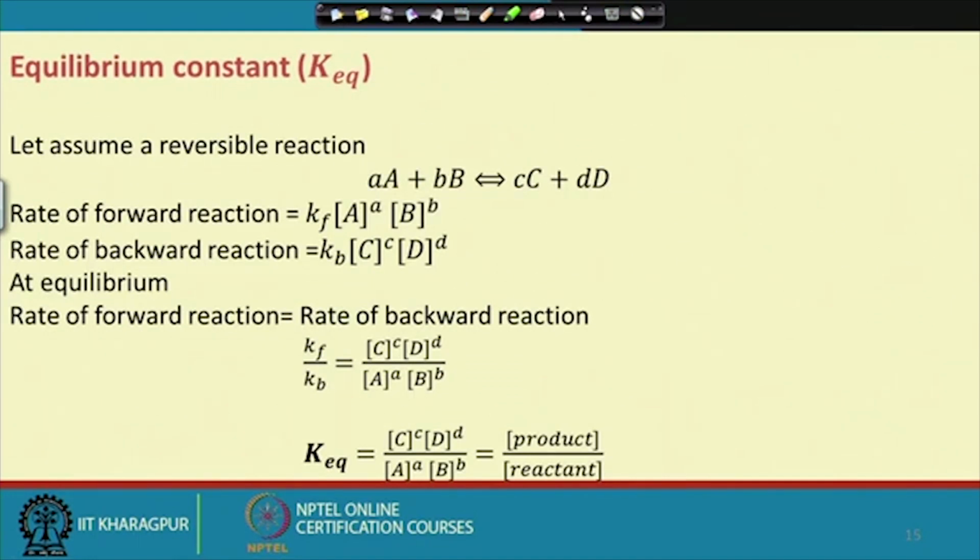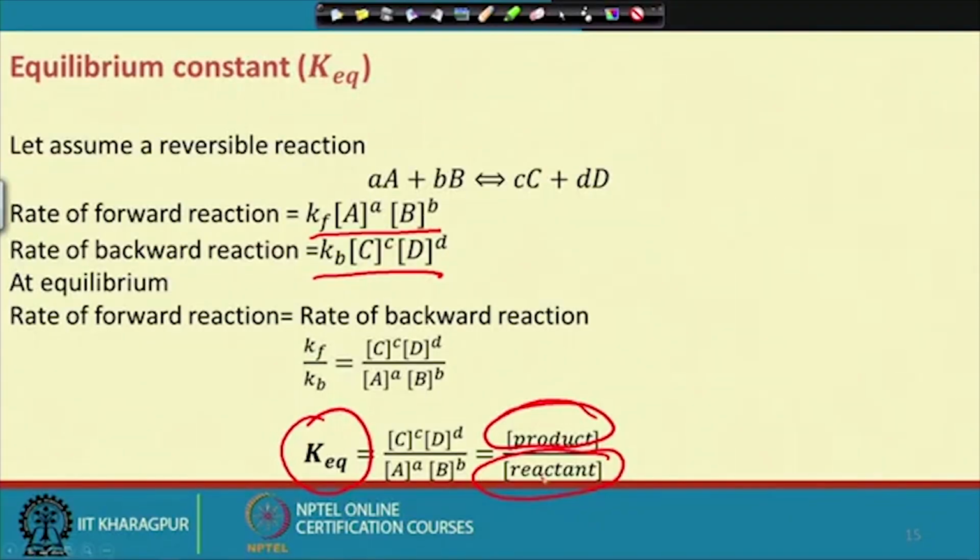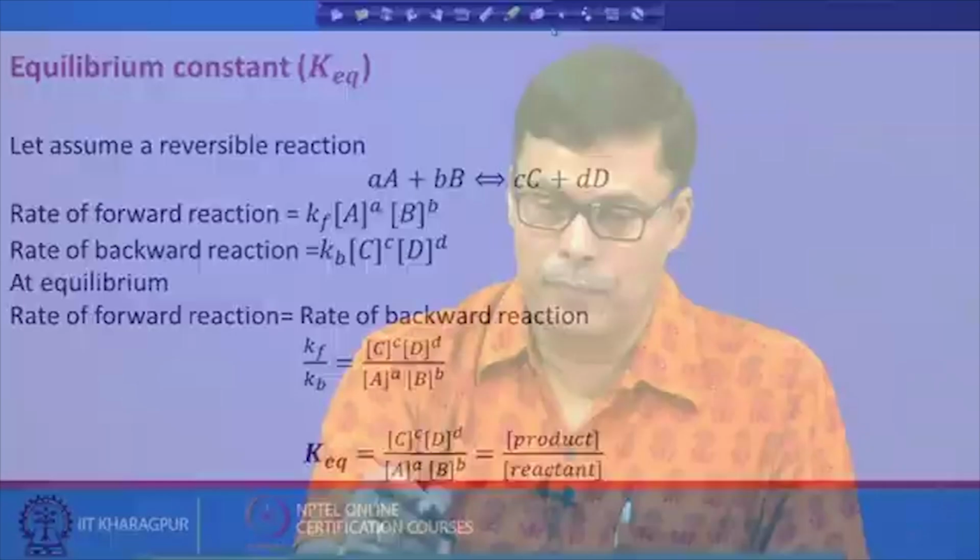Now, we can explain the reaction like this: A to P, the rate of forward reaction and the rate of backward reaction are the same under equilibrium condition. So, the equilibrium constant is basically the concentration of product divided by the concentration of reactant.